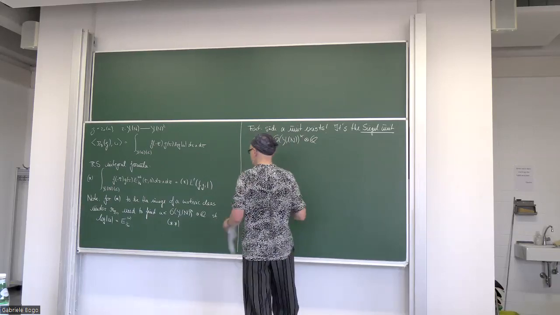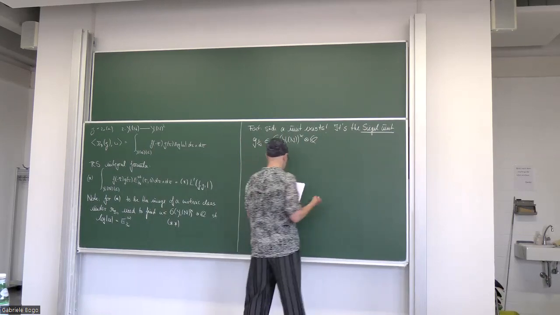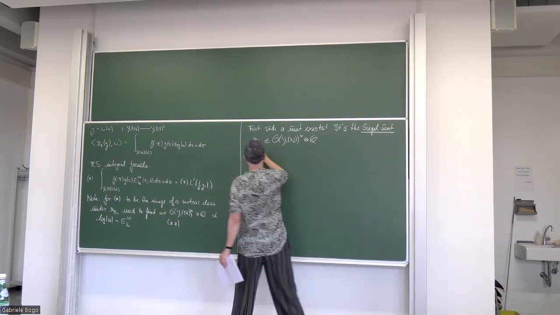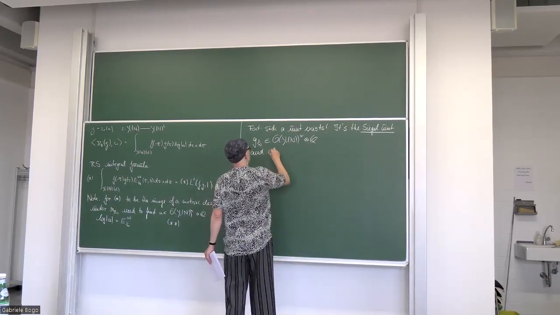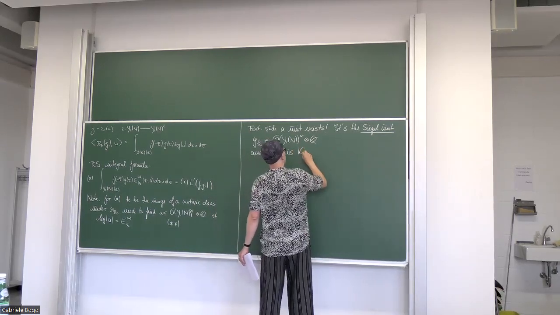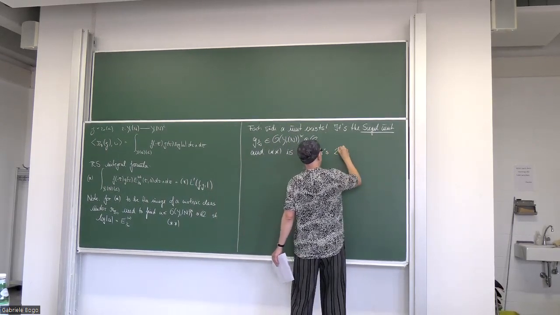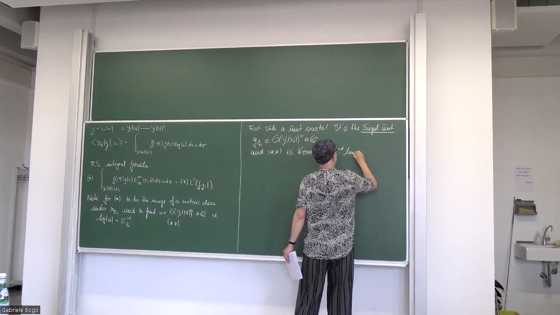One can prove this relation is Kronecker's second limit formula. So the relation double star is Kronecker's second limit formula.